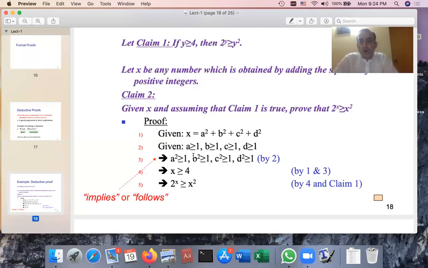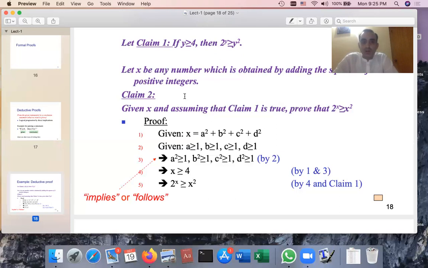So by using 1 and 3, you can conclude that x is always greater than or equal to 4. Now this is equivalent to your left hand side. And now I can use claim 1, because now my x is very much clear.